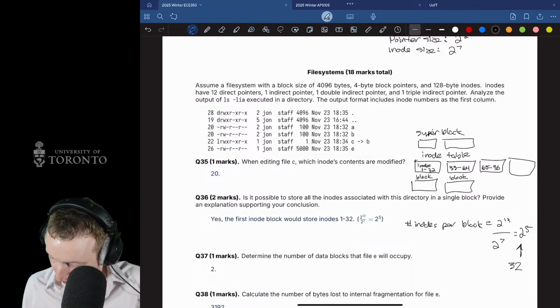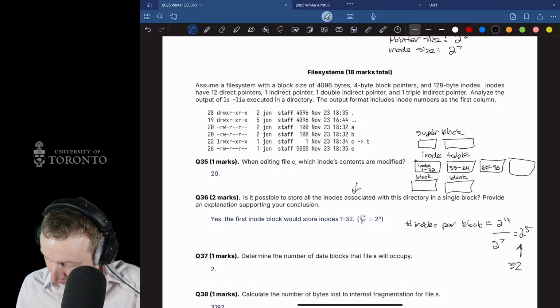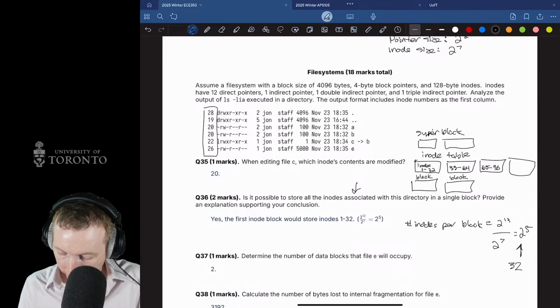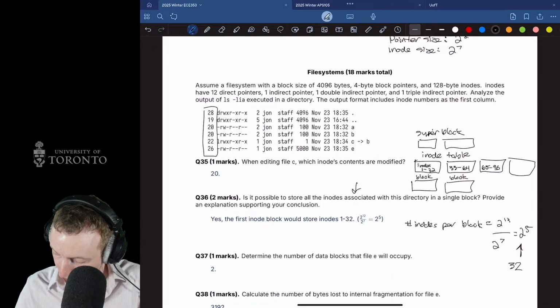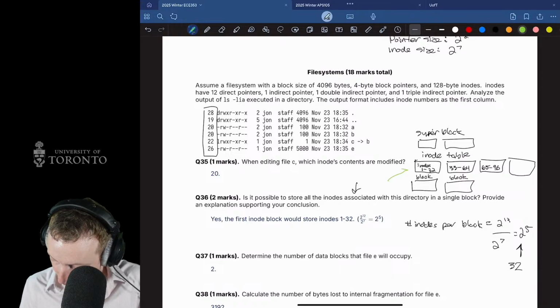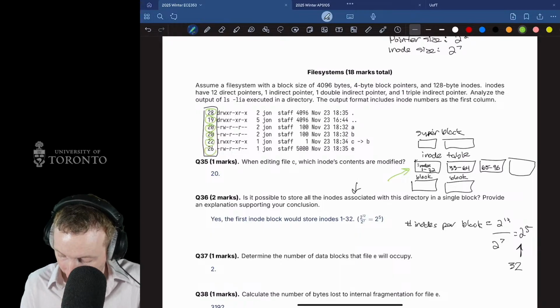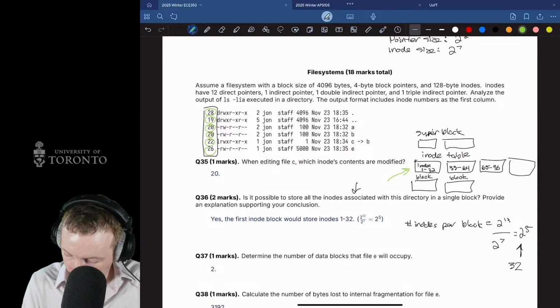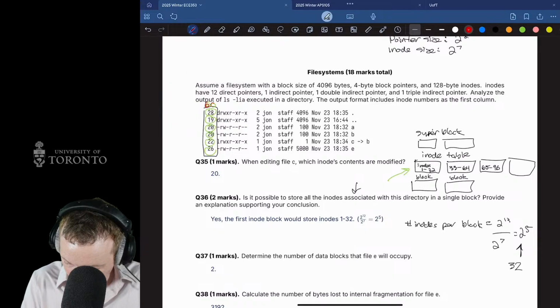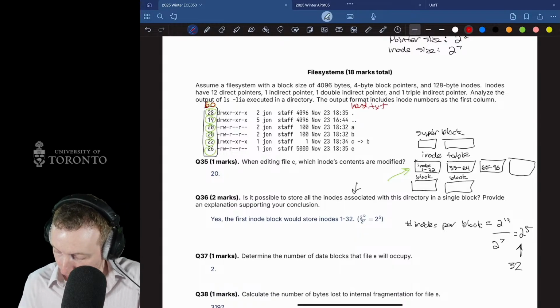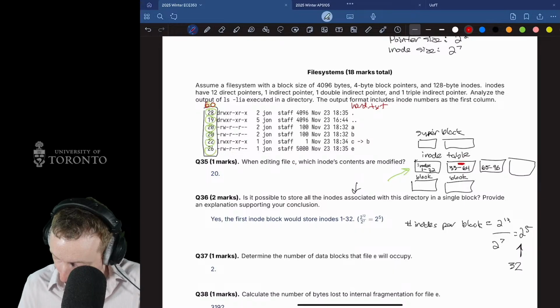So this question is saying, store all the inodes associated with this directory in a single block. So all the inode numbers here are within 1 to 32. So all the inodes would be stored on this block. If there was another one here, let's say we had inode 60, and we called it hard.txt or something like that to make the question harder, well, that inode would be stored on this block, right?